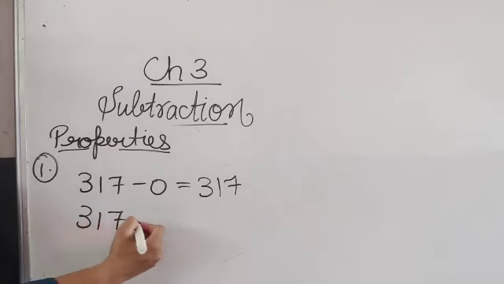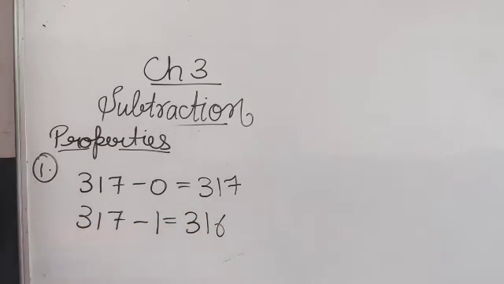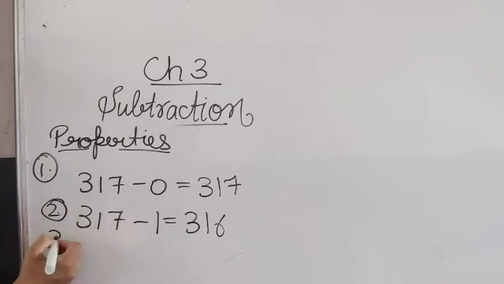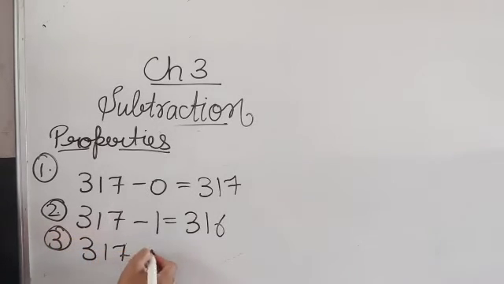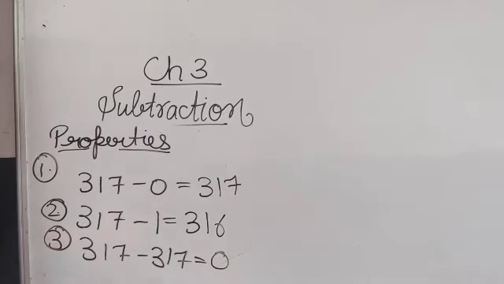When we subtract 1 from the number, we get its predecessor. And third, when we subtract a number from itself, we get 0. Is it clear?